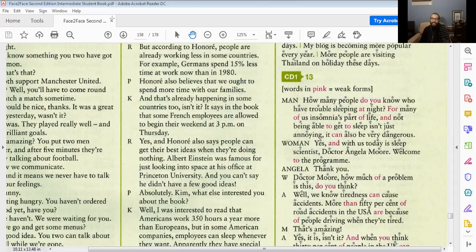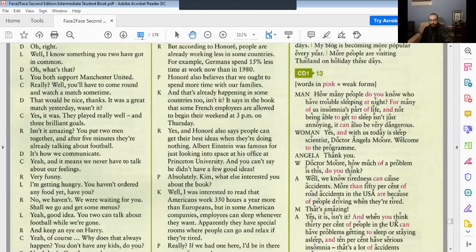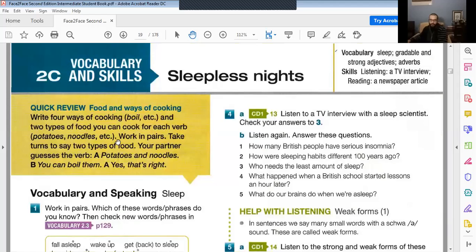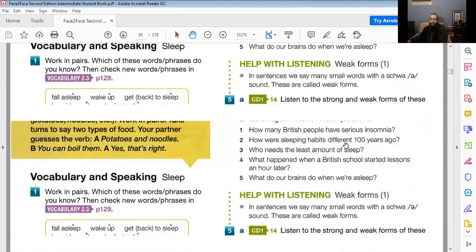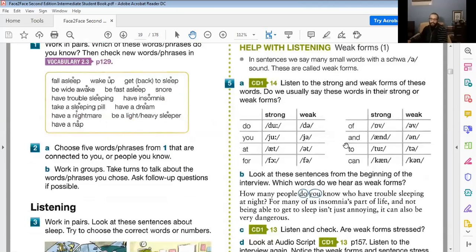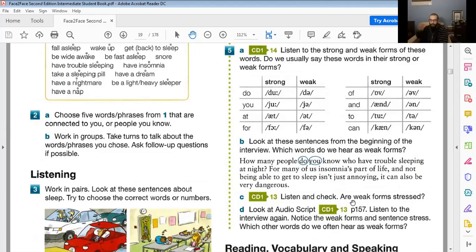So we can easily get the meaning of the paragraph, even if we use weak forms. You get the idea. So if you have to stress something, don't stress auxiliaries and words like this. Stress the main verbs, the adjectives, the adverbs. This is I think the point here.